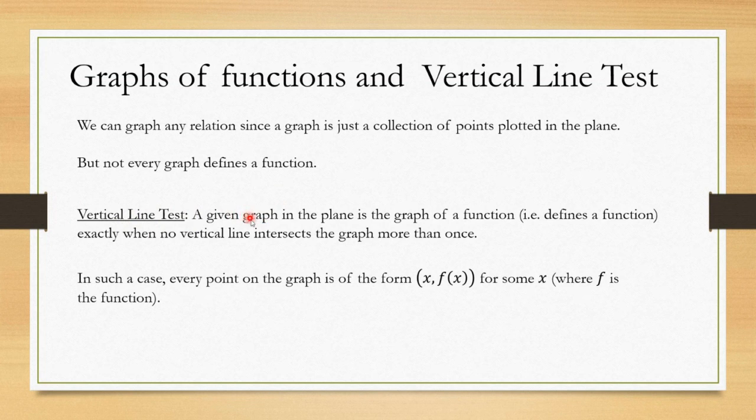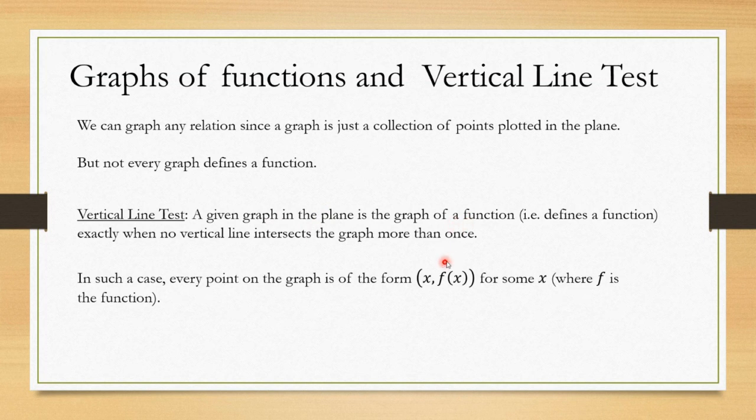A graph in the plane is the graph of a function exactly when no vertical line intersects the graph more than once. In other words, every vertical line you draw in the plane is either not going to intersect the graph or intersect the graph once. If that happens, then the graph is the graph of a function.